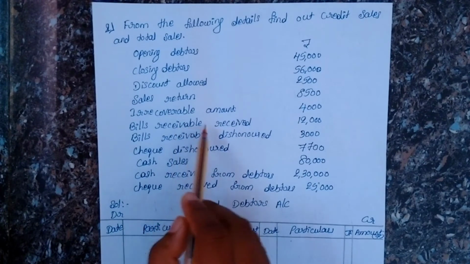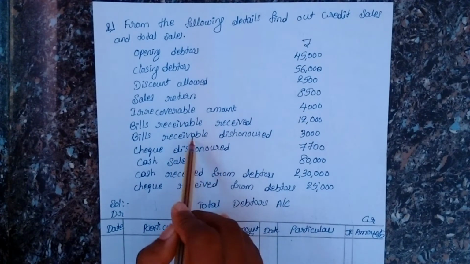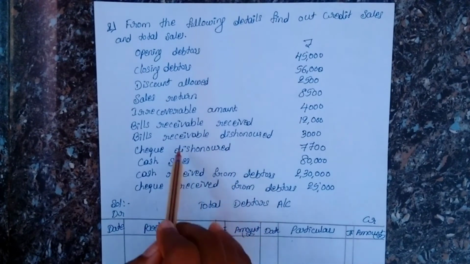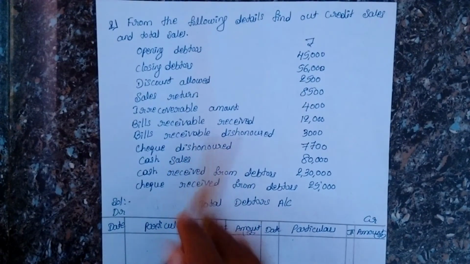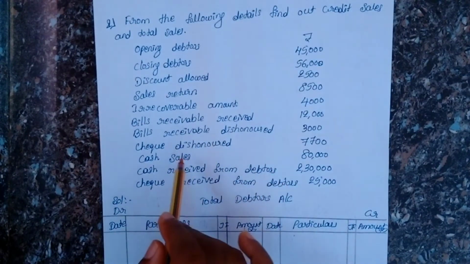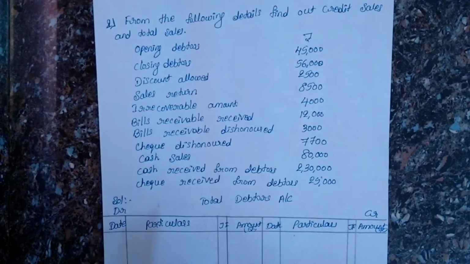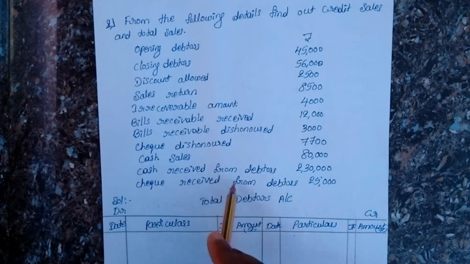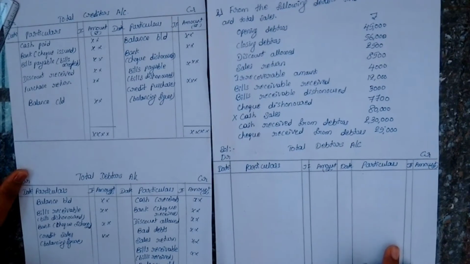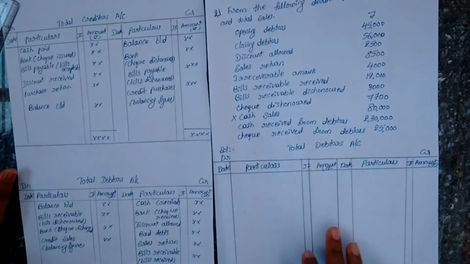Next, bills receivable received, bills receivable dishonored, check dishonored, cash sales. If we are considering credit sales only, then cash sales are not considered. Next, cash received from debtors, check received from debtors.